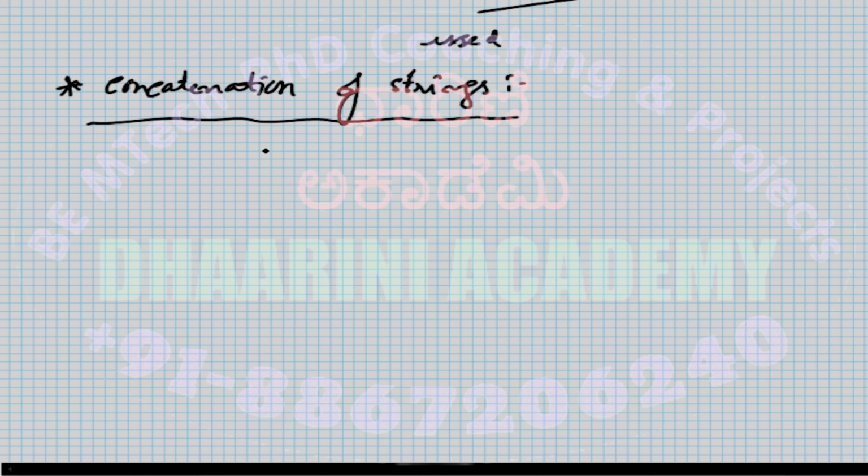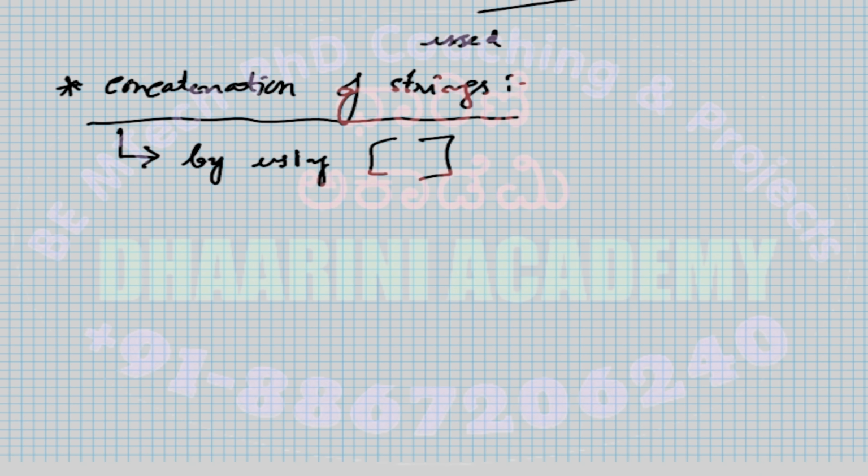Concatenation, you can do this by using square brackets. Whenever we try to concatenate character vectors, let's assume we have some character vectors and our intention is to concatenate them into a string, the character vectors are also automatically converted into strings.